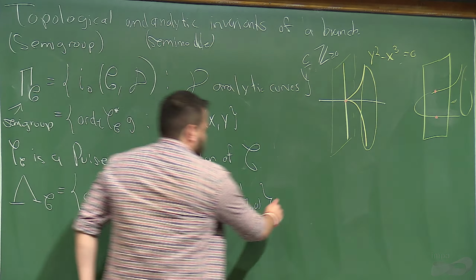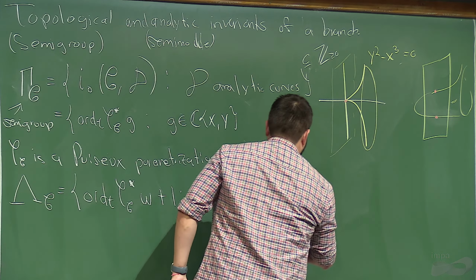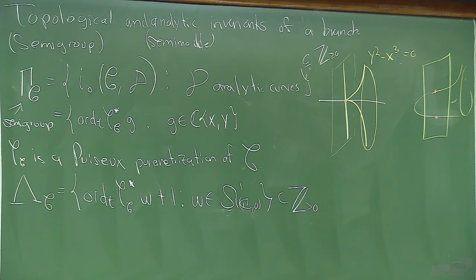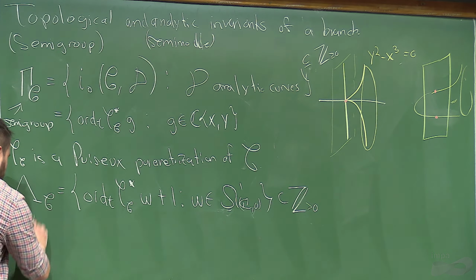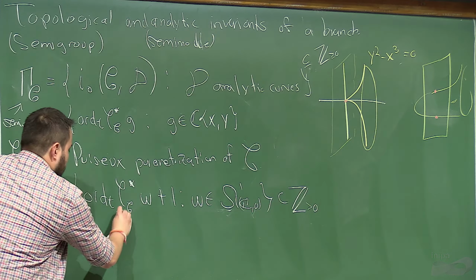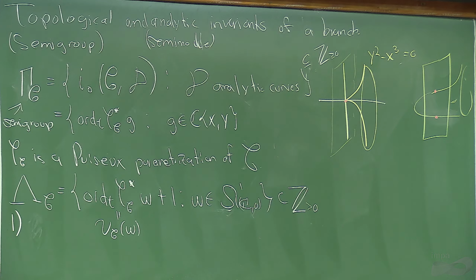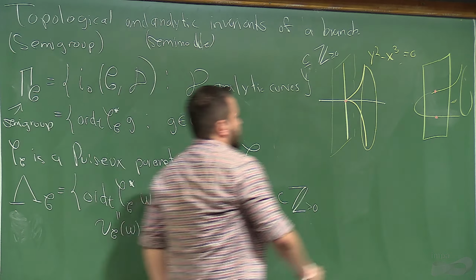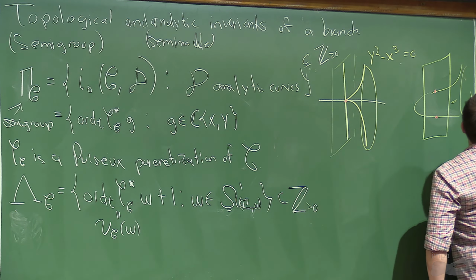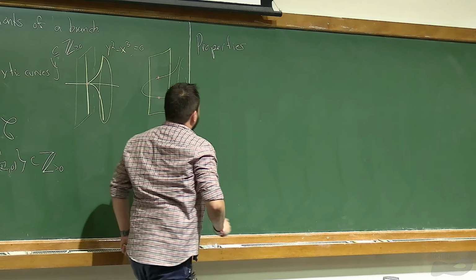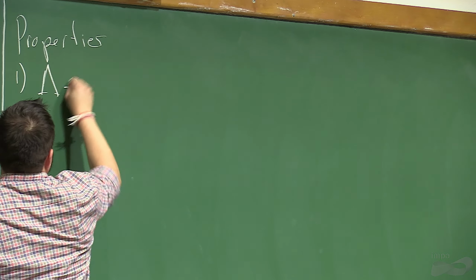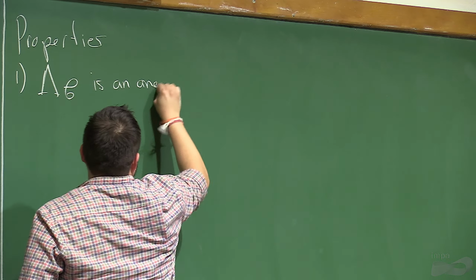This is also a set of integers, and I will denote this order plus 1 as the differential values. Some properties about this set: this is an analytic invariant of the branch.